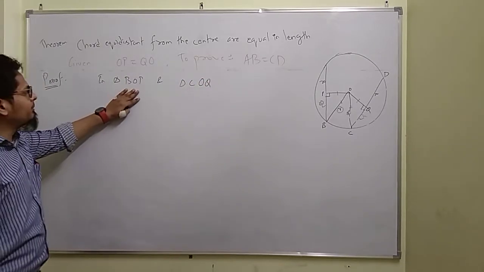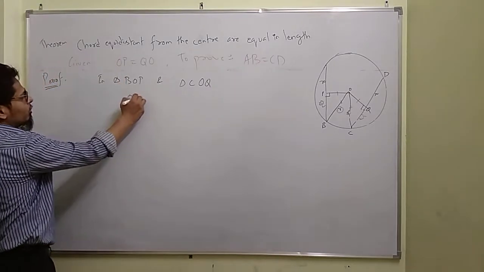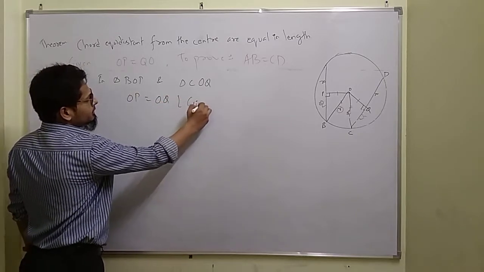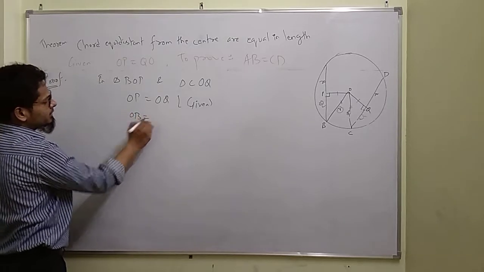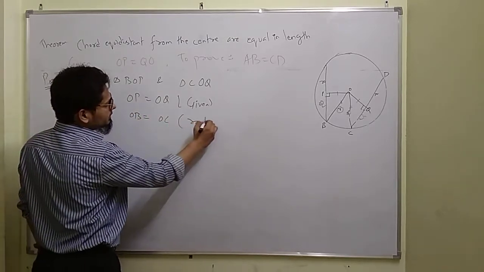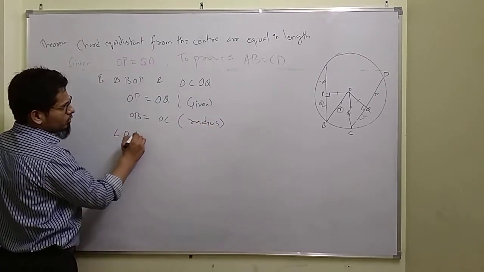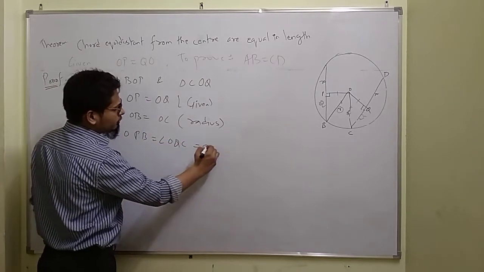I just take two triangles BOP and COQ. See in the figure. We have OP is equal to OQ, which is given. And we have OB is equal to OC, the radius of the circle. And angle OPB is equal to angle OQC, each of 90.